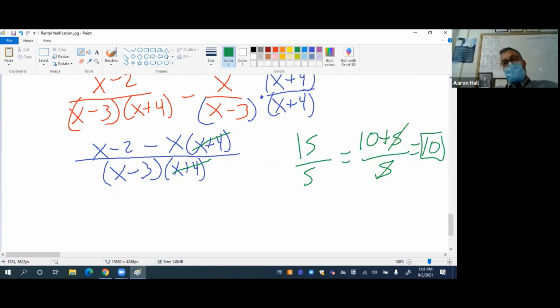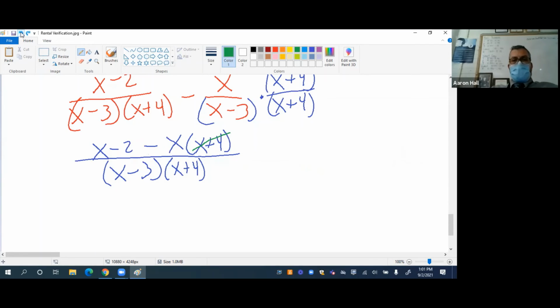Is that good math? No. We can only do that when we're multiplying or dividing, not with subtraction or addition. So what's another choice besides eliminating those?